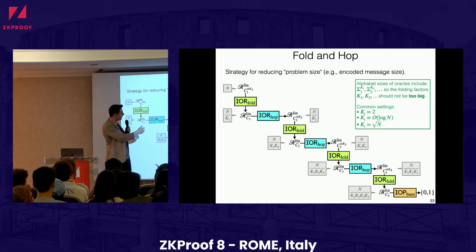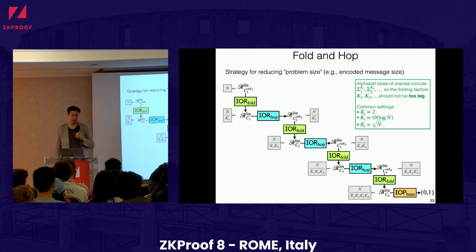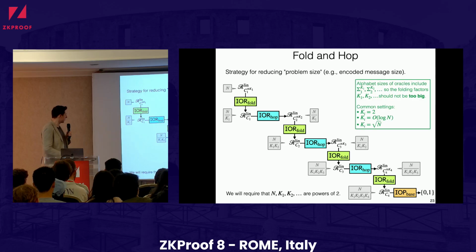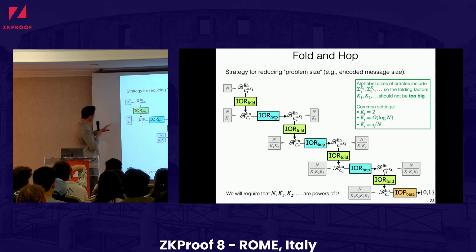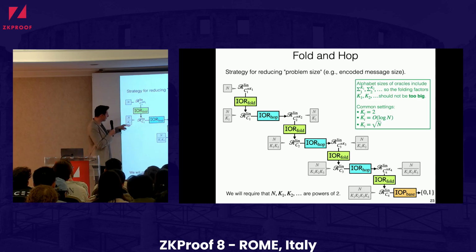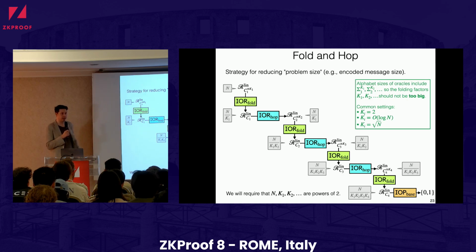Common settings are either constant, logarithmic, or square root, okay, depending upon your target. Further, because we'll be working with sumcheck, we'll assume that all the relevant quantities are powers of 2, but asymptotically it doesn't really matter. But that's the strategy, and in a sense, the moment I give you these two mostly unrelated IORs, you can construct this in some configurable way, and that's it. That's how you construct an IOP of proximity for linear constraints. Okay?